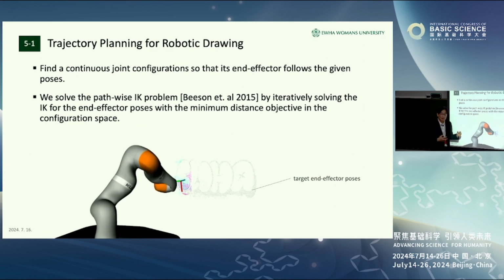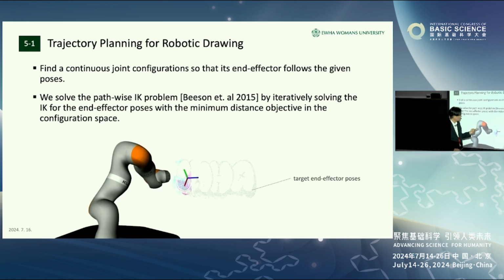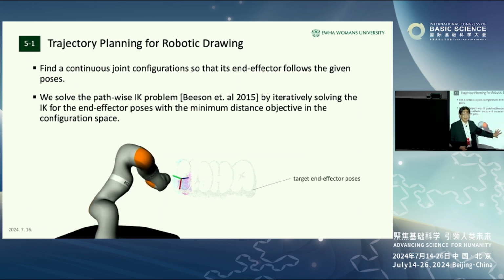According to our study, it is best for the end effector of a robot to approach perpendicular to the target geometry. That's the best way to actually draw it. Which means that the configuration of the end effector can be easily determined from the path. So we know where the end effector should be located.